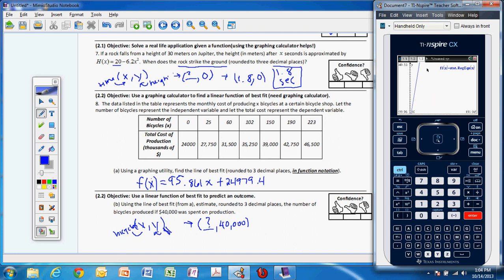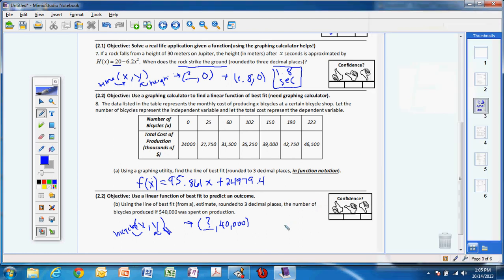Now I just have to find my point. Sometimes it says undefined. That just means it's out of your window. If we go up, it should be somewhere on our graph, and I just have to find it. If you scroll up, notice that is when the total cost of production, when we spend $40,000, and my Y value on that is 157. So basically, if I were to produce 157 bicycles, I would spend $40,000.